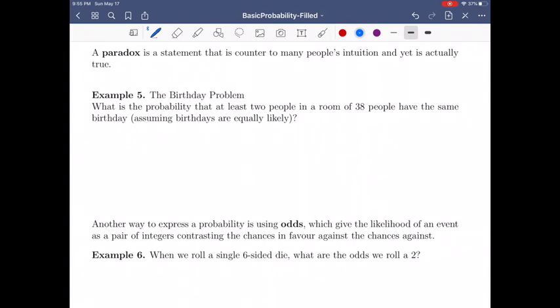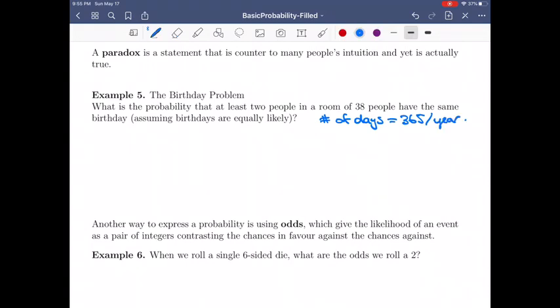So I think we're actually doing an underestimate for this probability. We also assume the number of days is 365 per year. So if you're born on a leap year, I'm sorry, we never consider you.